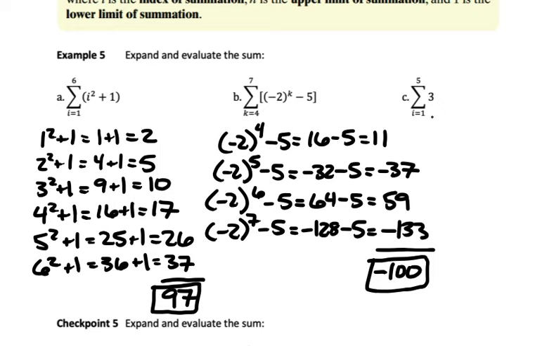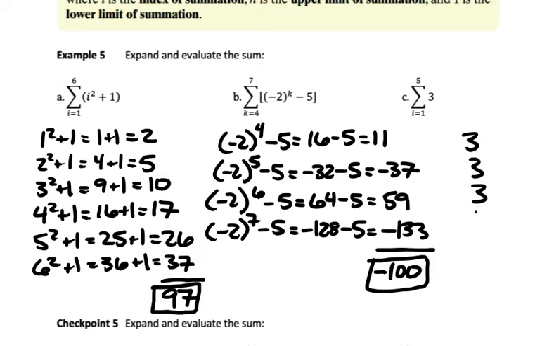And lastly, looking at part C, here what I'm plugging into is just 3. Now notice there's no I here, there's no variable to plug into. So when I plug in 1, I just get 3. When I plug in 2, I get 3. When I plug in 3, I get 3.